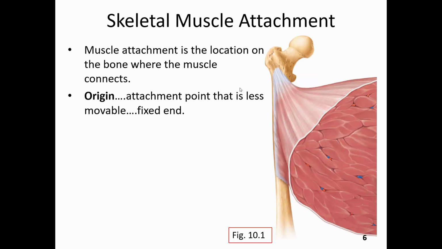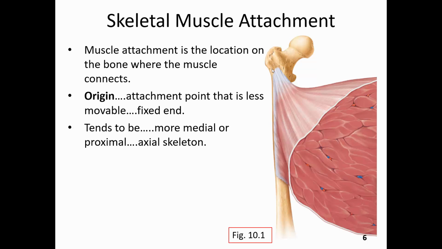Typically, the portion of the bone that is more fixed, or rather the less movable end, is named the origin. And the origin of a muscle tends to be more medial or proximal to the axial skeleton.